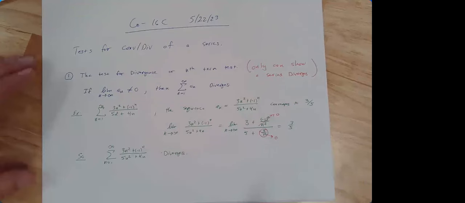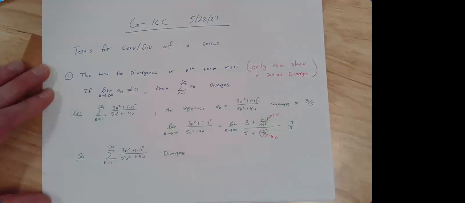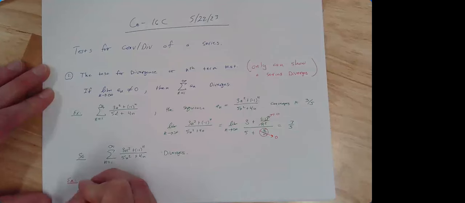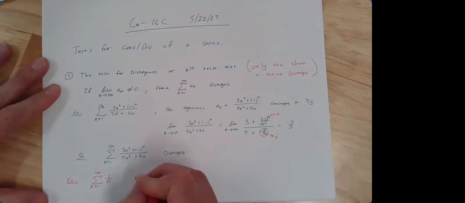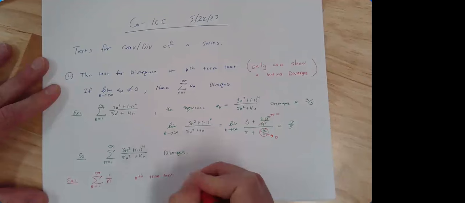So as another example, a counterexample, if I have the sum from n equals 1 to infinity of 1 over n, I couldn't use the nth term test. If I tried to apply it, I would get the limit as n goes to infinity of 1 over n equaling 0.